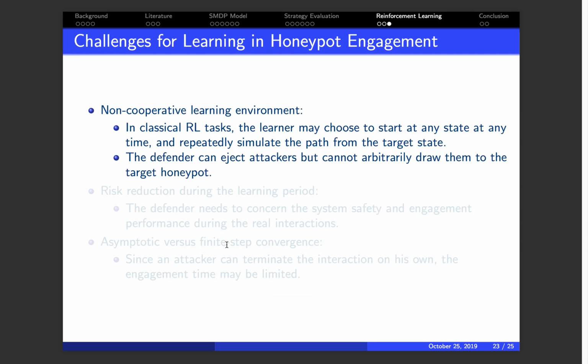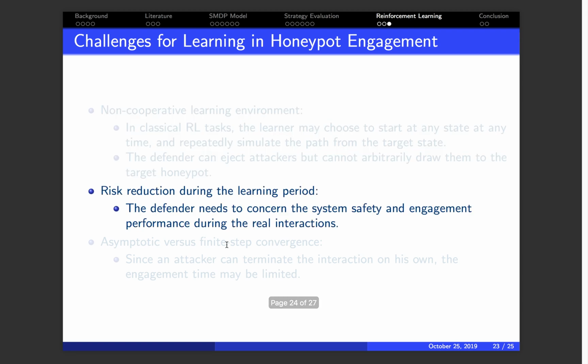Finally, there are some challenges we identify in honeypot engagement learning for future work. First, it's hard because it's a non-cooperative learning environment. The defender doesn't have full control of the system. He can eject attackers, but cannot arbitrarily draw them to the target honeypot and make them reveal their behaviors.